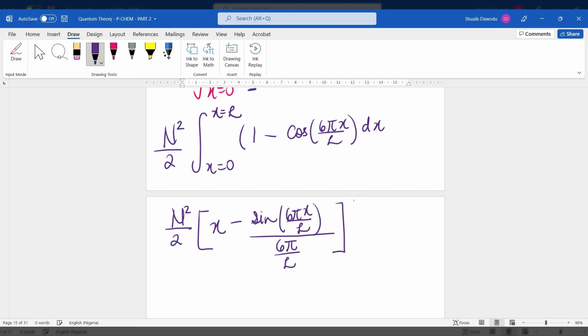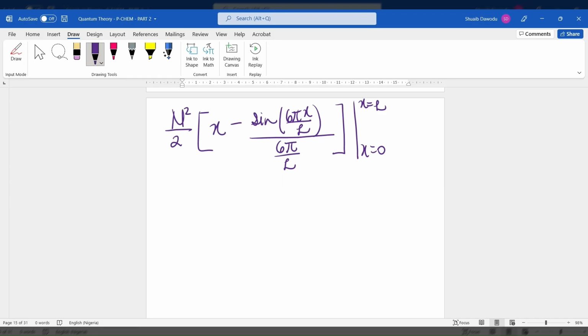And let's not forget, we're going from x equals 0 to x equals L. Never forget this. It's very important because that's what we're going to be substituting. So that would be n squared over 2, x minus sine 6 pi x over L divided by 6 pi over L. When you divide by a fraction, dividing by 6 pi over L is the same thing as multiplying by L divided by 6 pi.